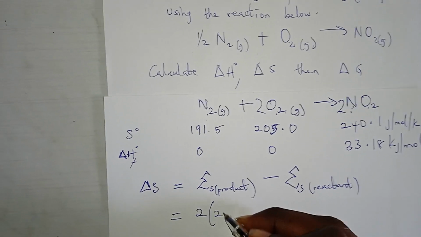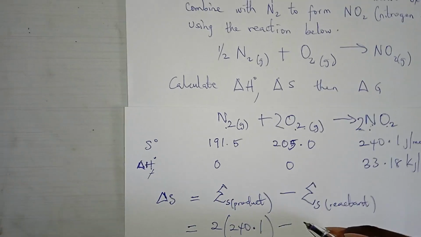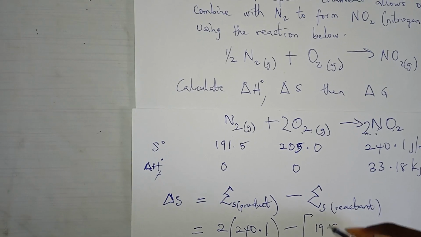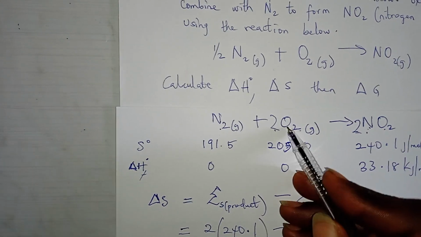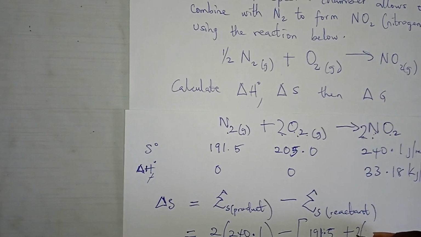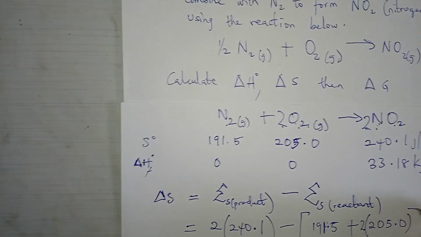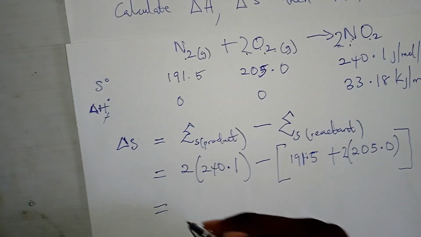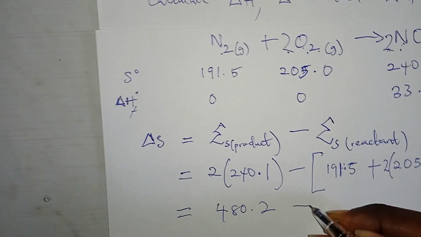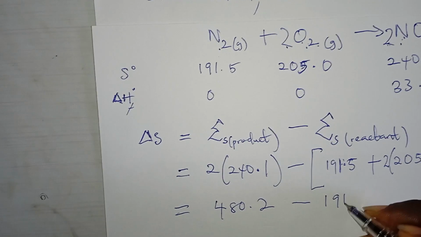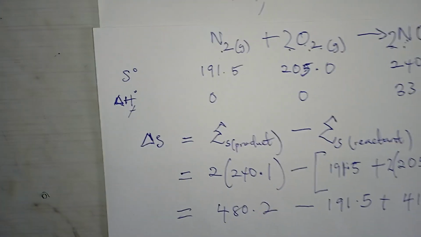So 2 into 240.1, that is the value for entropy there, minus, here I have just 1, so 191.5 plus 2 oxygen, so plus 2 into 205.0. When you do the mathematics, this is going to give you 480.2 minus 191.5 plus 410.0.